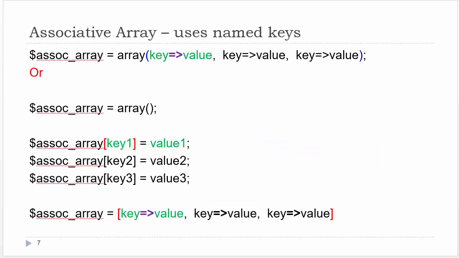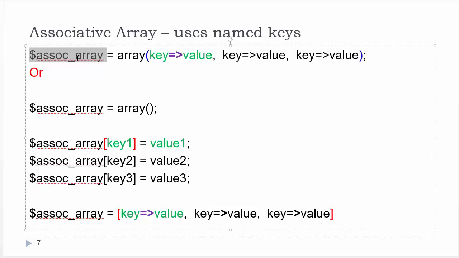So let's take a look at an associative array. An associative array uses named keys. Set up an associative array in the same manner in which we set up an indexed array. So to begin, we can declare the variable name, and here is this array object. This time we need to indicate the key and the value, not just the value, because we are working with named keys, not index position numbers starting at 0.